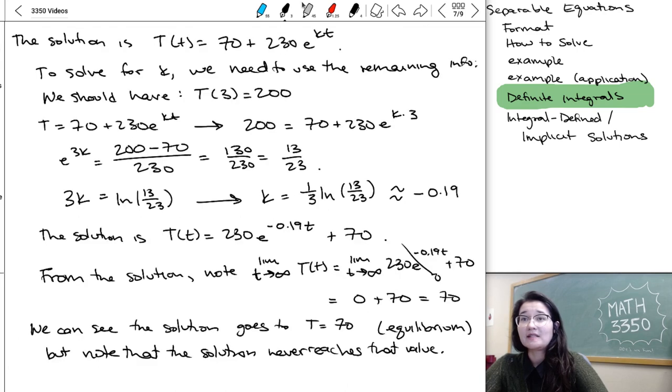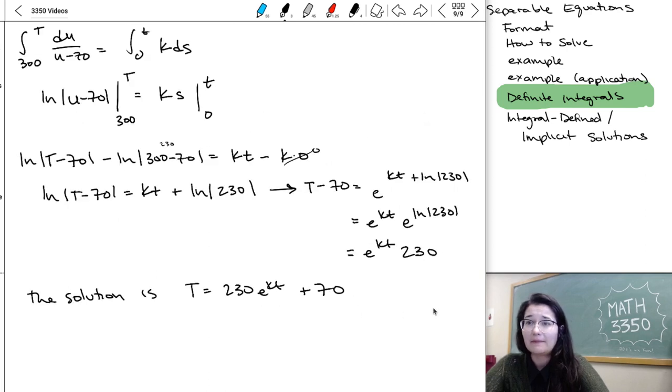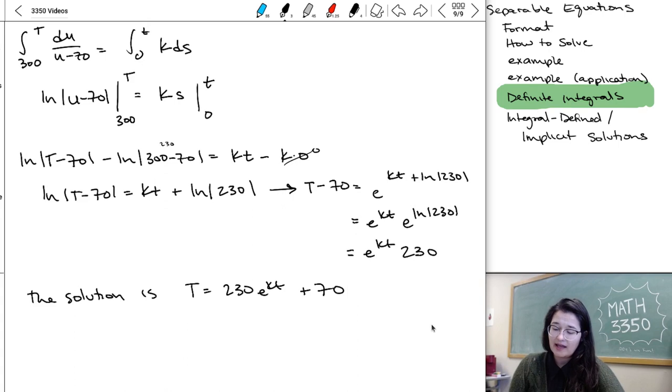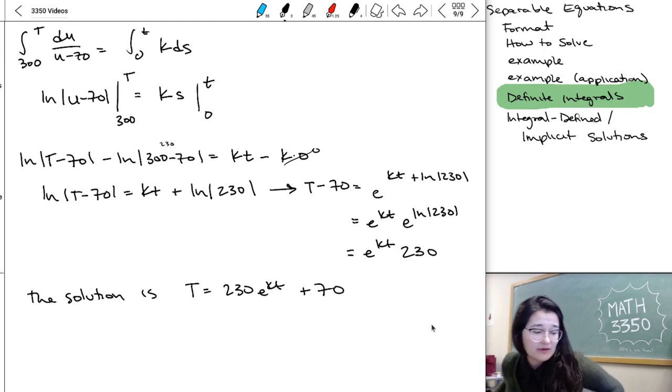Here it is. This is the same solution we had before, so we didn't do anything different or special. We end up in the same place, 230 e to kt plus 70, and if we wanted to continue, we would plug in values to solve for k. It's just a way for us to solve the initial value problem as we integrate without using algebra.